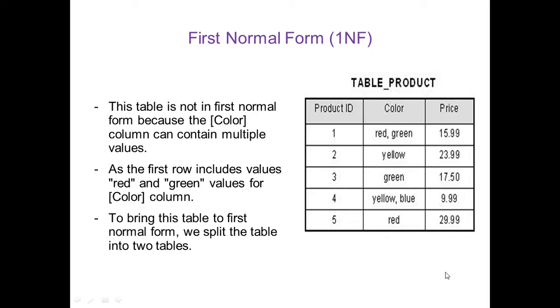So if we want to bring this table into first normal form, what we have to do? We have to divide this table into two tables so that the redundancy cannot be there and it should have only atomic values. So we will see how to split this table or how to break this table into two tables.